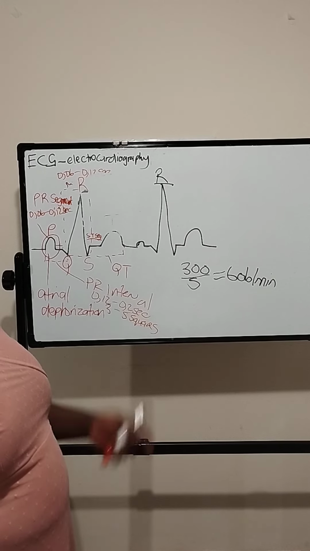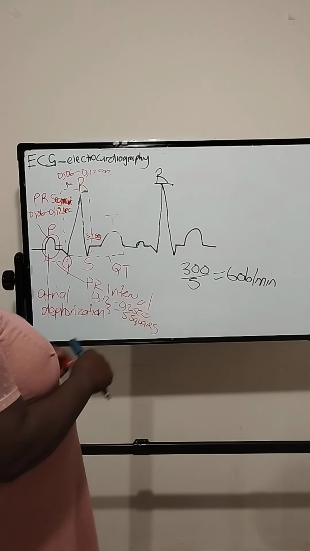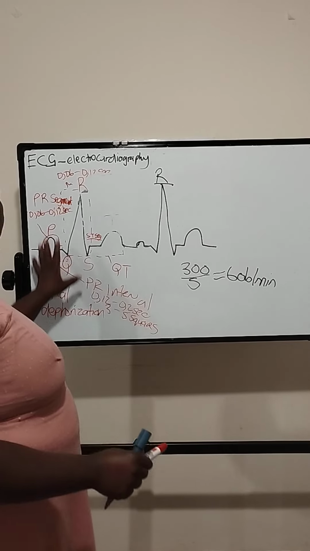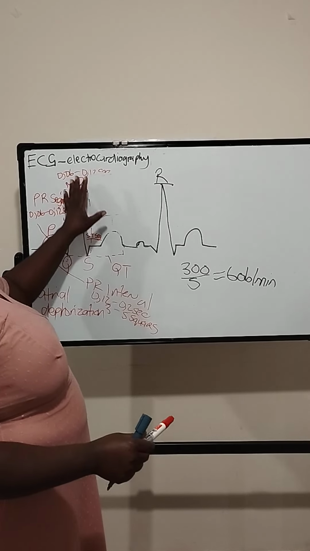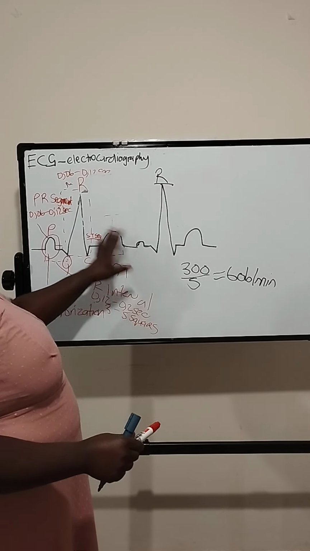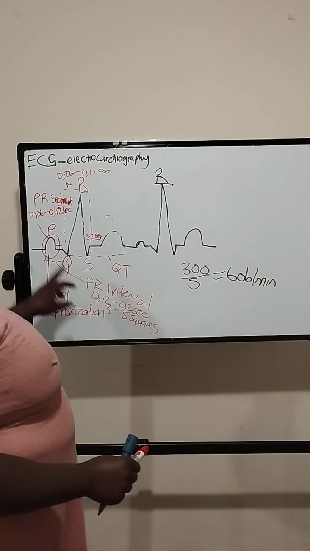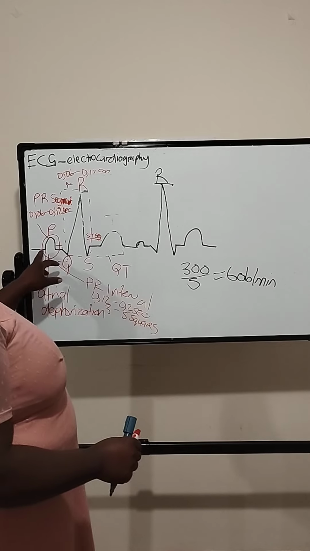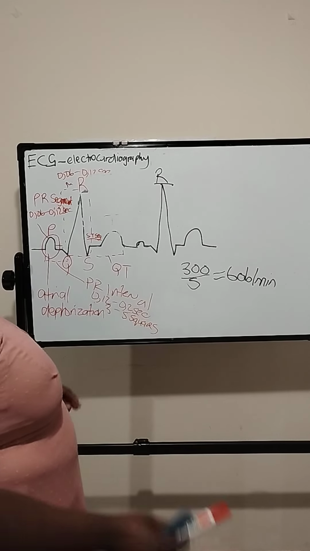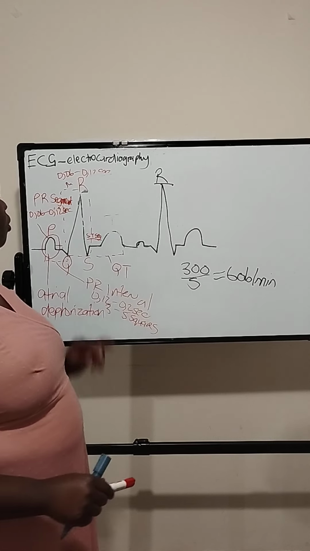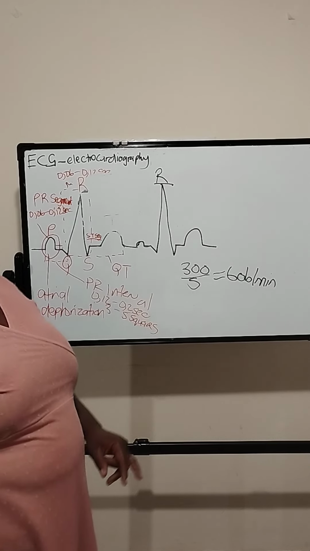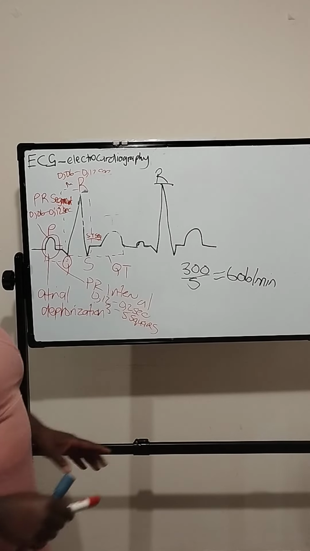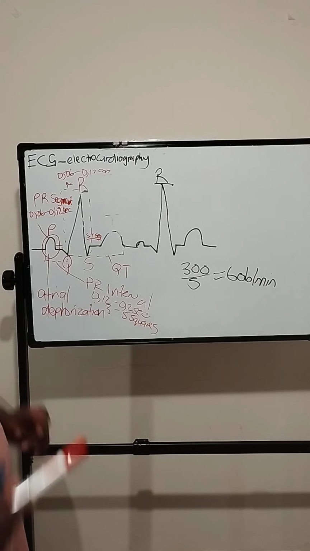So like I said, a normal ECG has got a P wave, and the P wave is followed by QRS complex and the T wave. And also the time should be put into consideration, the number of boxes as well as the time taken and the rhythm of the patient, and the heart rate as well is also put into consideration to determine whether the ECG is normal or not.